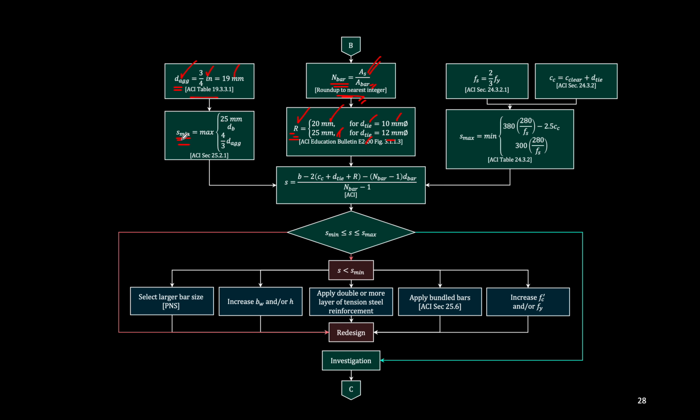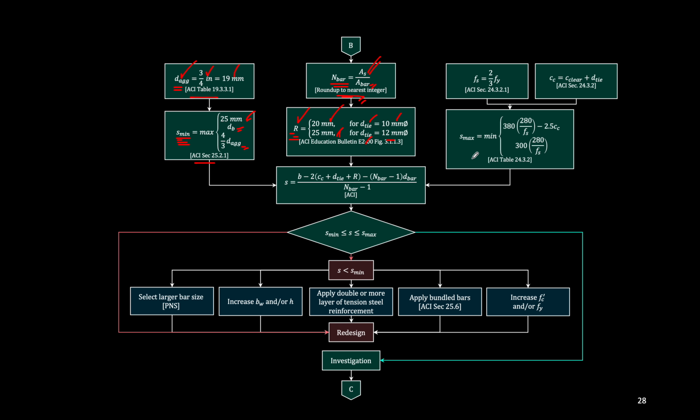So the minimum spacing based on ACI section 25.2.1 is the maximum value between these two values: 25 millimeters, diameter ng bar, tsaka yung 4/3 ng diameter ng aggregate. Yun yung mag-govern ng minimum na spacing.